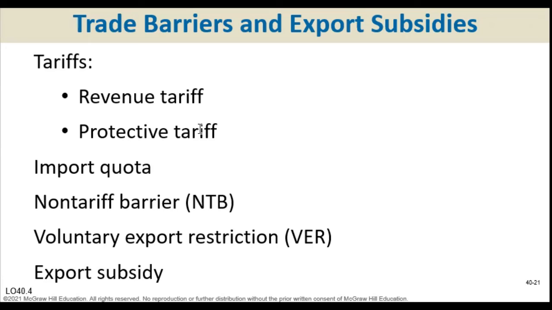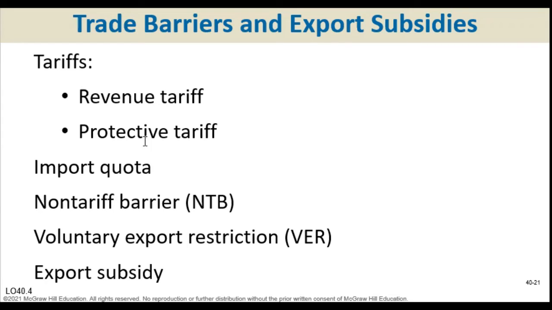The tariff revenue applies to a good that is typically not produced in a domestic country, and we will see how the tariff revenue accrues. They are designed to raise revenue for the domestic government, and tariff revenue tends to be fairly low.